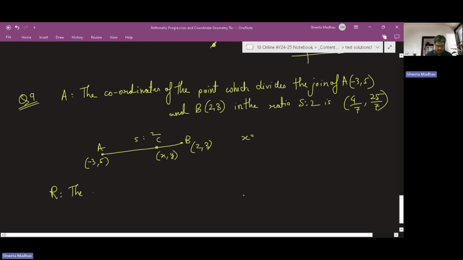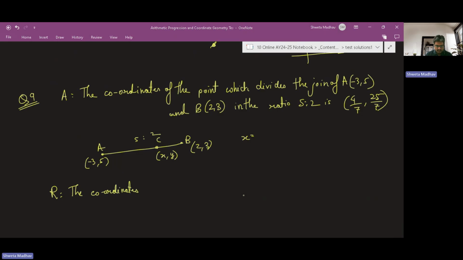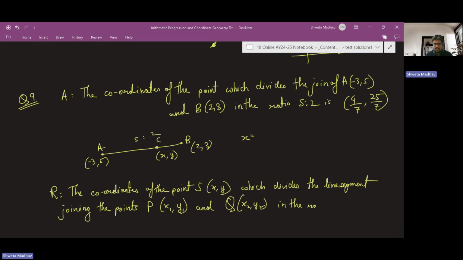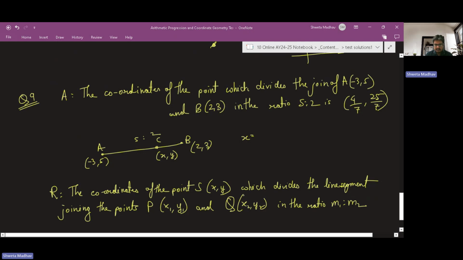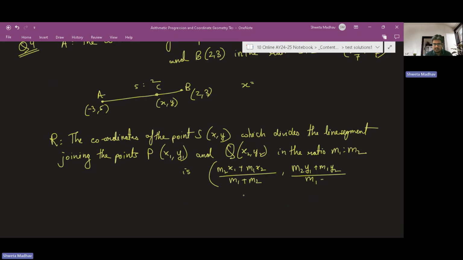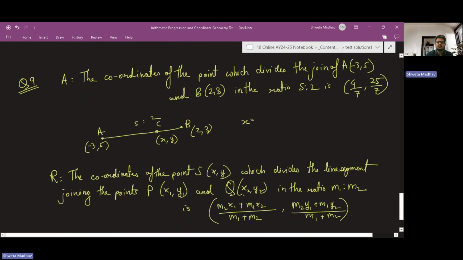The reason says that the coordinates of the point (x, y), which divides the line segment joining the points P (x1, y1) and Q (x2, y2) in the ratio m1 is to m2, are (m2 x1 + m1 x2)/(m1 + m2), (m2 y1 + m1 y2)/(m1 + m2). So actually, this is the true reason also.